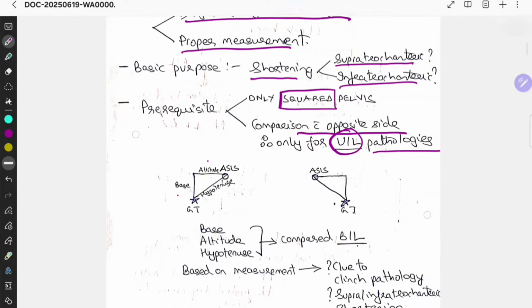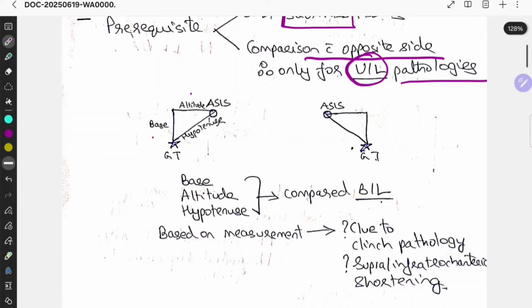So basically we'll understand what a Bryant's triangle is. This is the right hip, this is the left hip. These are both anterior superior iliac spine. These are both greater trochanter. So how do we make the Bryant's triangle? First things first, we mark the anterior superior iliac spine and the greater trochanter bilaterally.